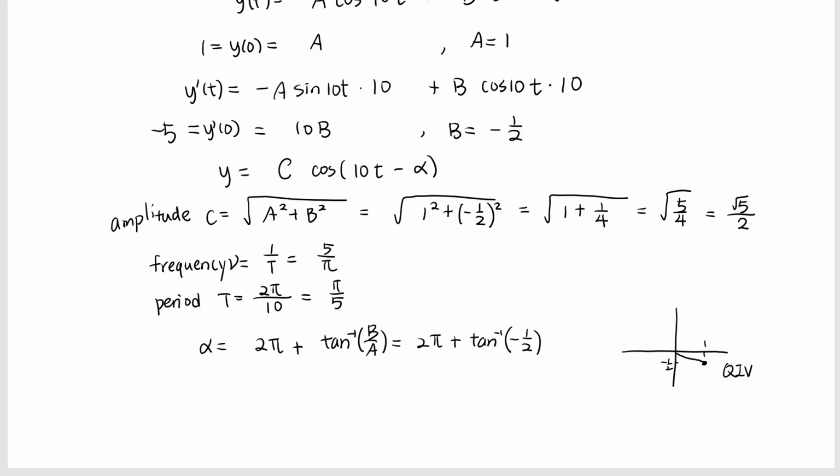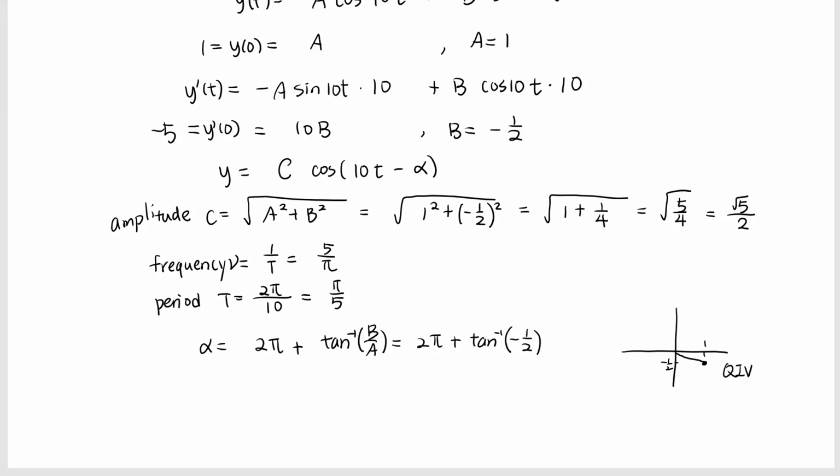Okay, so far so good, everybody. And so this is the alpha. Okay, so you can plug this number in your calculator. Make sure when you plug it in, we're in the radian mode, okay? Because this is radian. If you use the degree mode, you're going to be adding degrees to the 2 pi. It won't work.